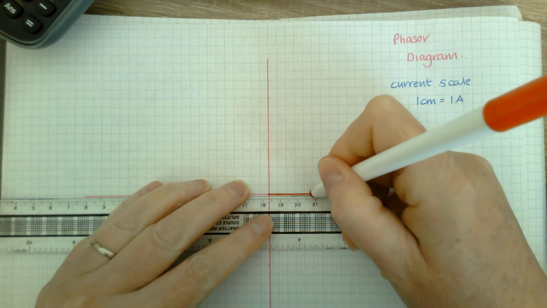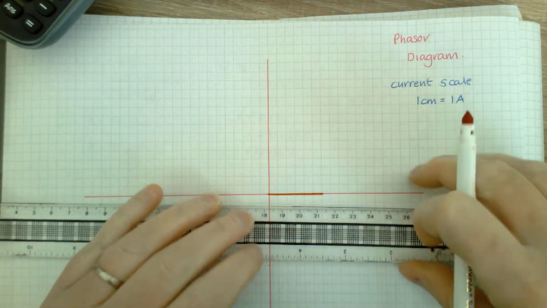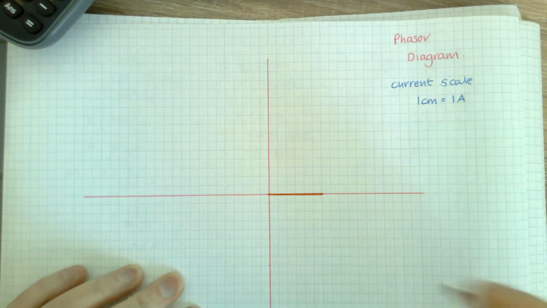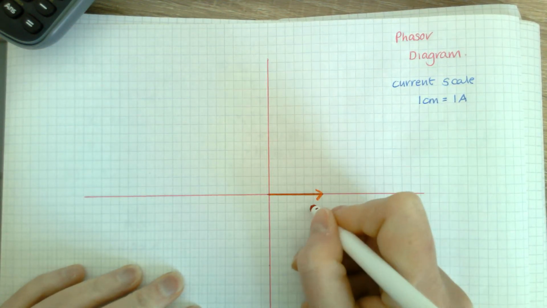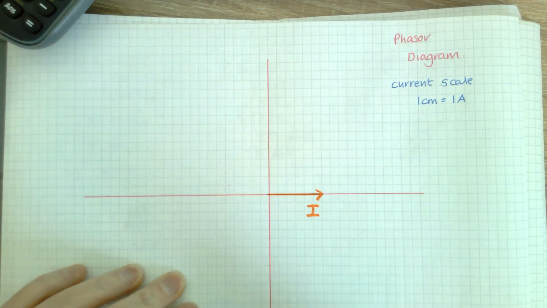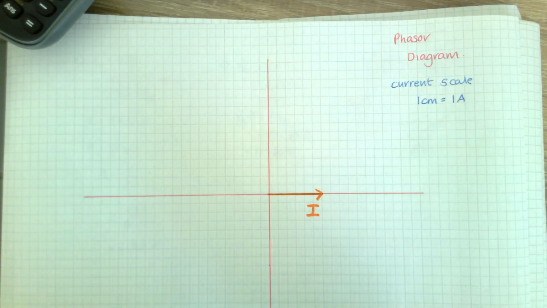Use this to make it a bit more visible. That's my current phasor. And then I have to think of a scale that's going to suit all the voltages that I've got there.